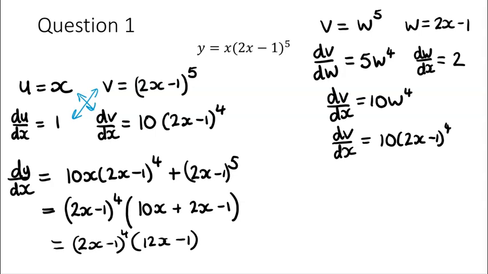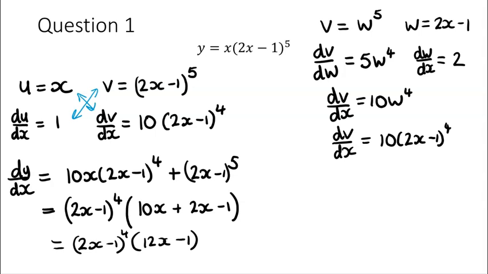And questions could ask you to show that this differentiates to be something in the form 2x minus 1 to the power of n times ax plus b, where a, b, n are constants that you need to find. So, it is quite common that a question could ask you to write it in a particular form at the end.